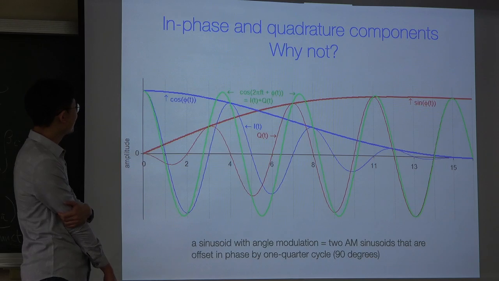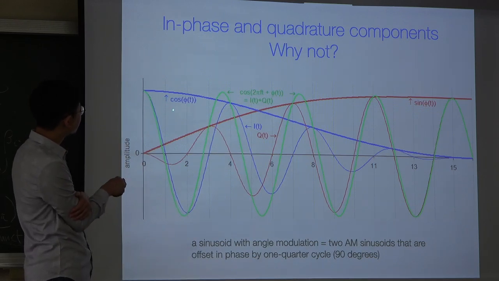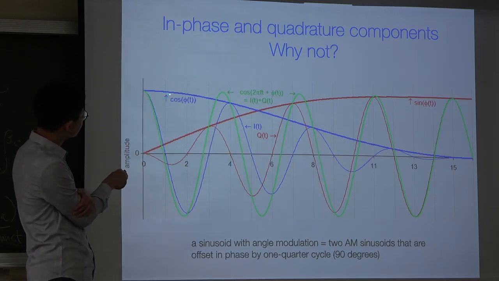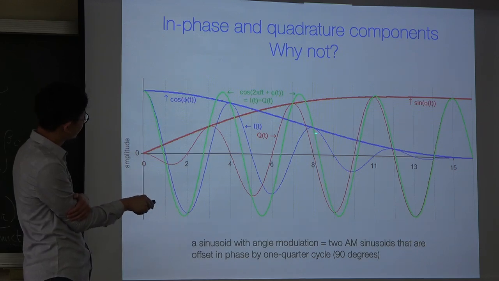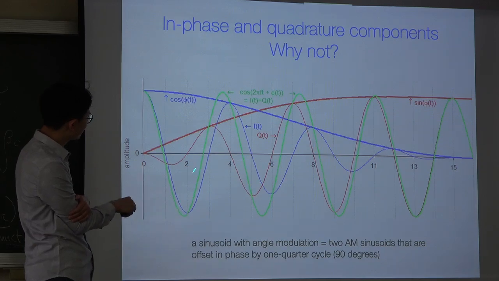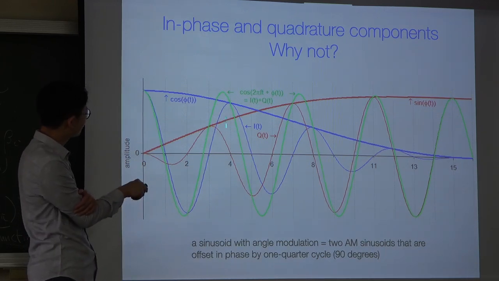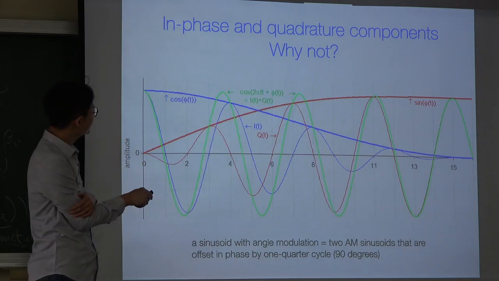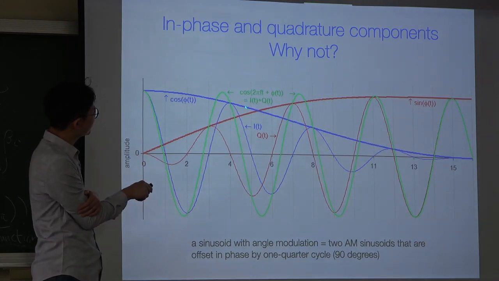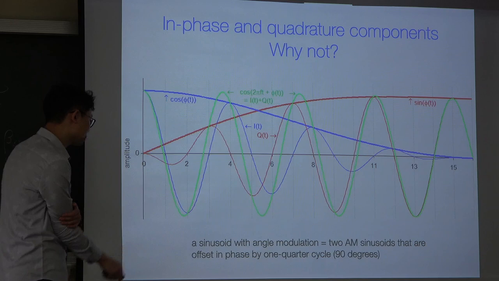But you will see that this kind of amplitude modulation, cosine, okay, multiplied by some amplitude, multiplied by some oscillation, and this sine multiplied by another oscillation. This is yet another way to represent this cosine function.